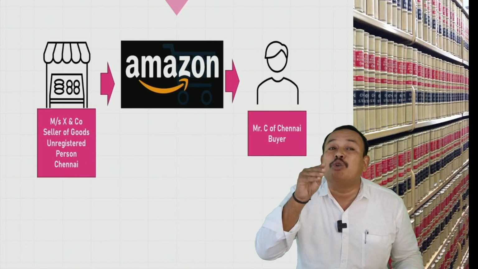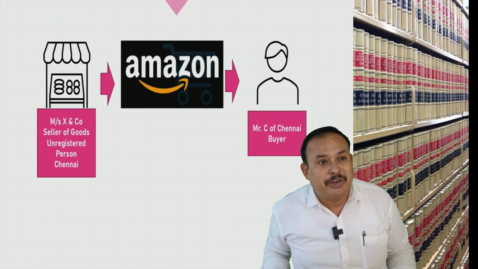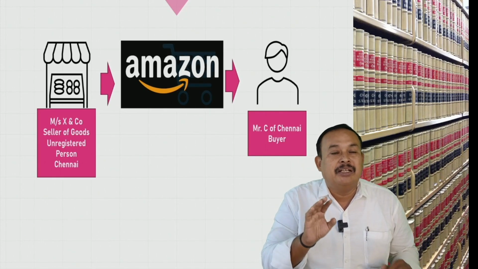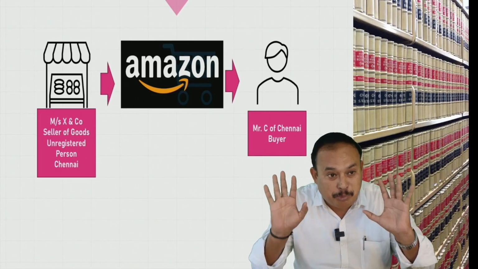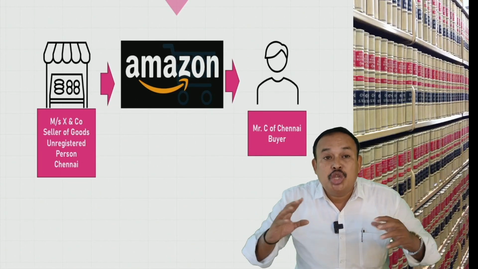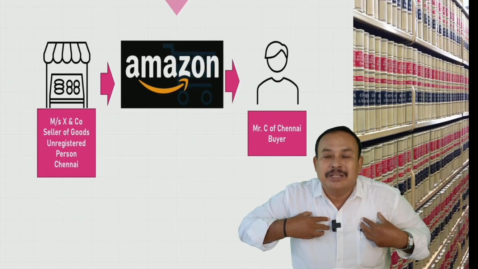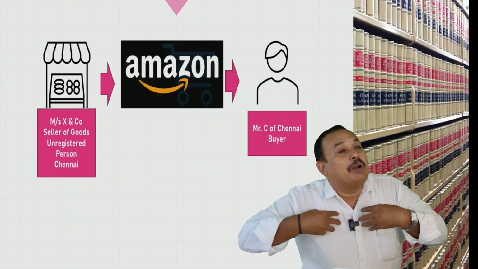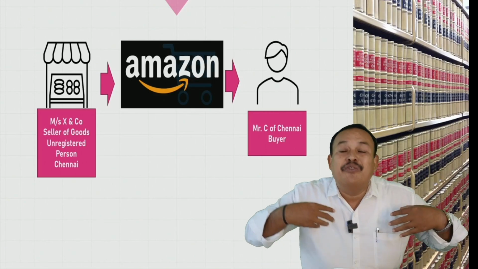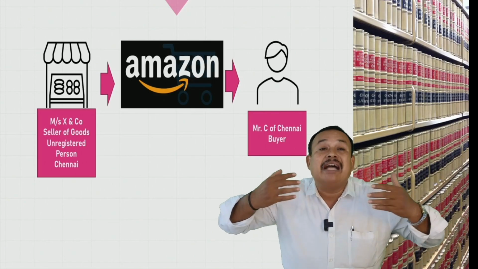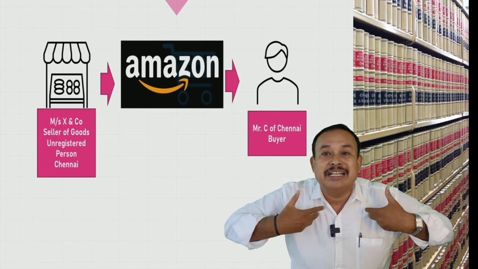Before supplying the goods to the e-commerce operator, what should you do? Second condition, you enter the GST network portal and give your identity. Who are you? XN company. What is your PAN number? So and so. Where are you located? So and so. Authenticate your information.